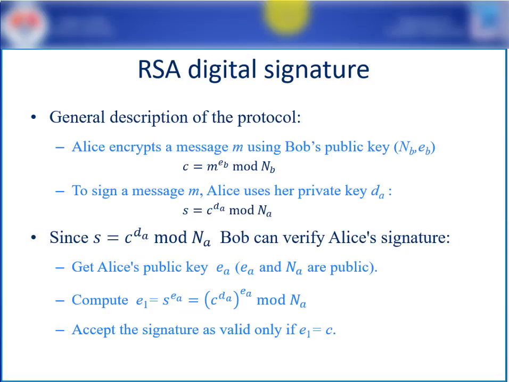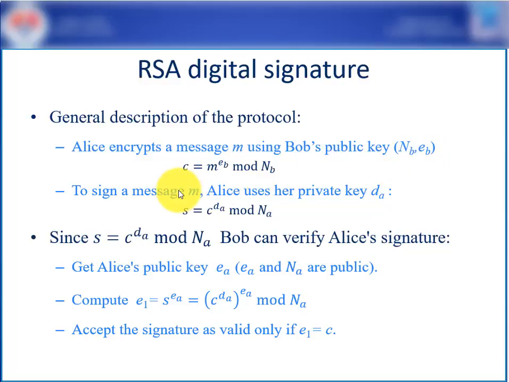So let us consider how digital signatures work on an example of the RSA algorithm again. If Alice wants to send a signed message to Bob, she encrypts a message in an ordinary way using Bob's public key, which is denoted by N with subscript B, which stands for Bob's, and E with subscript B as well.